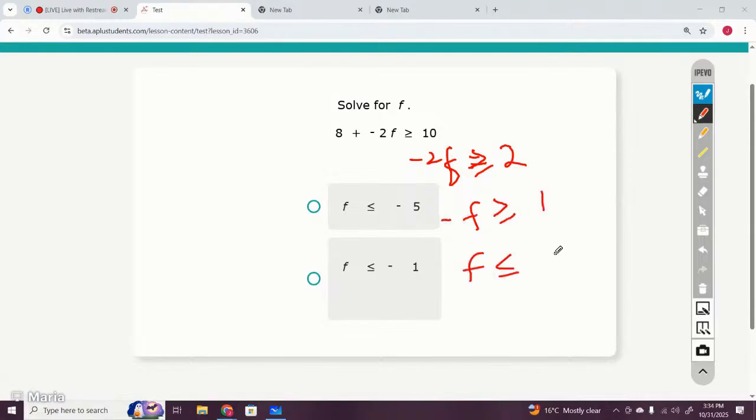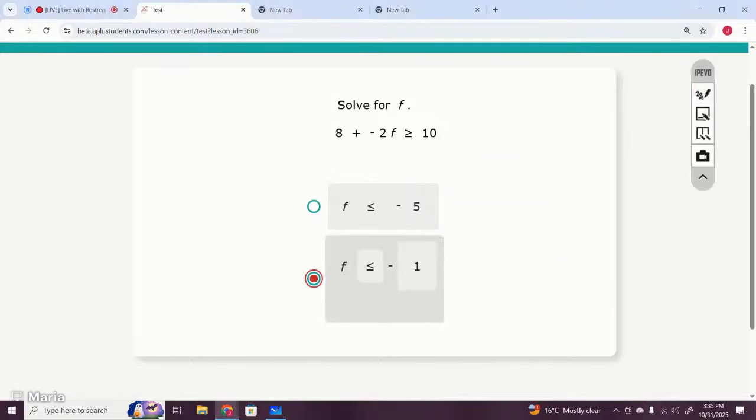So f is less than or equal to negative 1. Option number 2 is the correct option. F is less than or equal to negative 1.